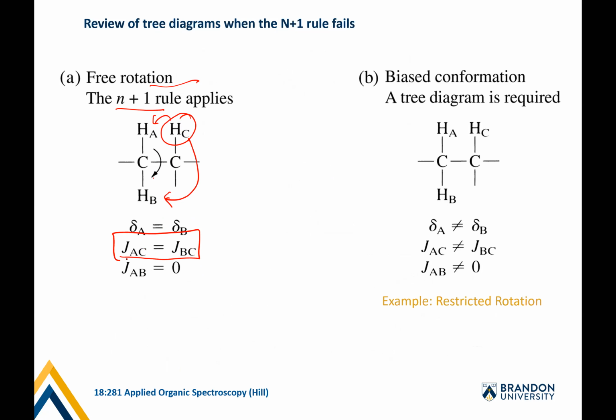That's what this means here. And because of this free rotation, A and B aren't going to couple with one another. But when you don't have free rotation, then the other factor rolls in, that HC, one J value will be different than the other. So AC does not equal BC. And then when that happens, these two start to couple with one another. So you get the J2 coupling and then two versions of the J3 coupling. So restricted rotation.